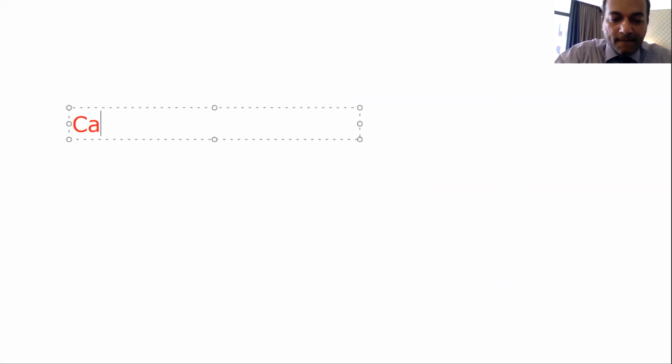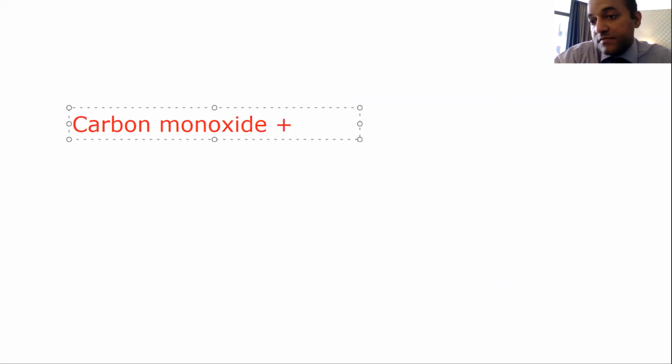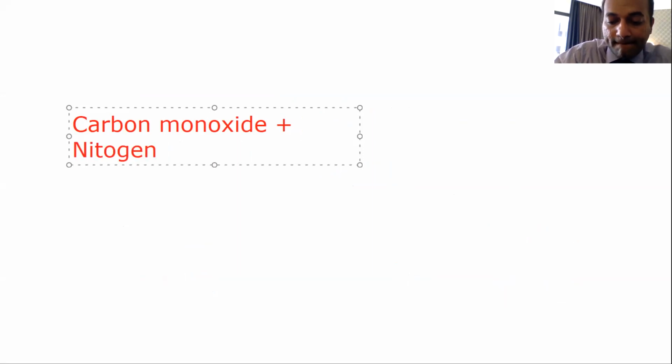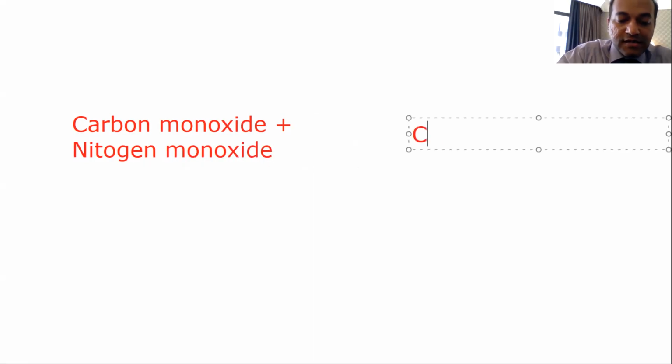So how about when we have, let's say, carbon monoxide with, let's say, nitrogen monoxide example. So what are we going to form? We are going to form carbon dioxide plus nitrogen.